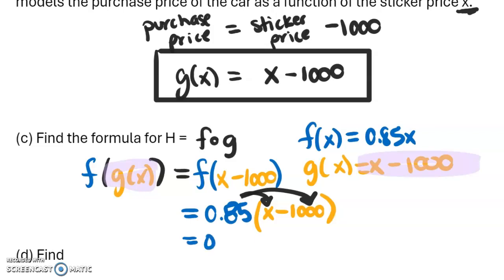And I'm going to get 0.85x, and then 0.85 times 1,000 would be minus 850. So that would be the formula for the composite function, and we called it H.